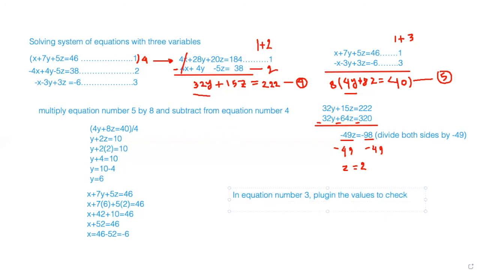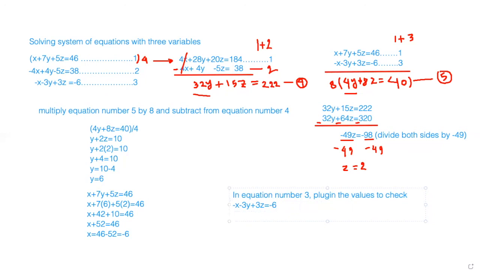Okay, so it's negative x, negative 3y plus 3z equal to negative 6. So let's do only the left hand side and see if we get negative 6.